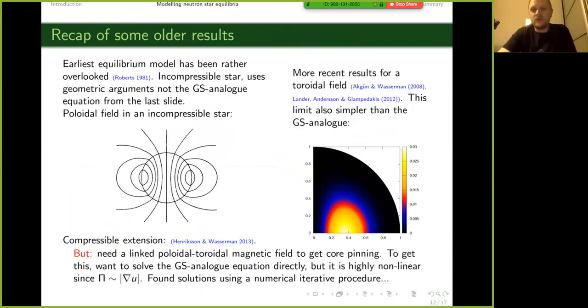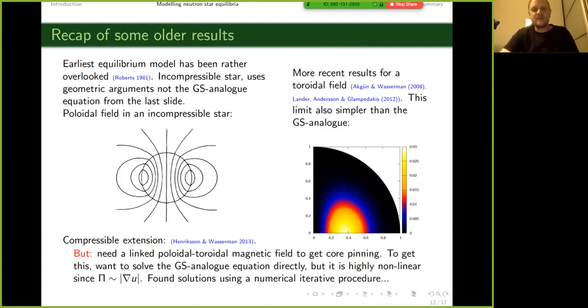That's been done by Ira Wasserman with Akgun in 2008, and some work that I've done with Nils Andersson and Kostas Glampedakis several years ago now. This is an example of what it looks like: the magnitude of the toroidal field, with the direction into the board.